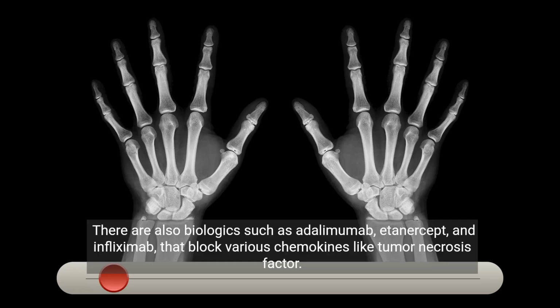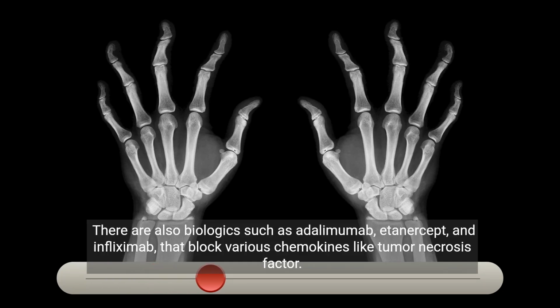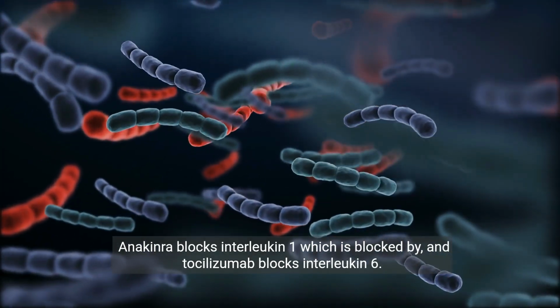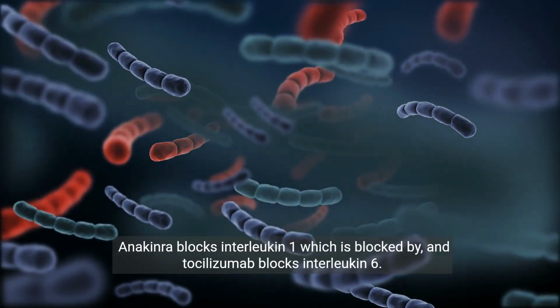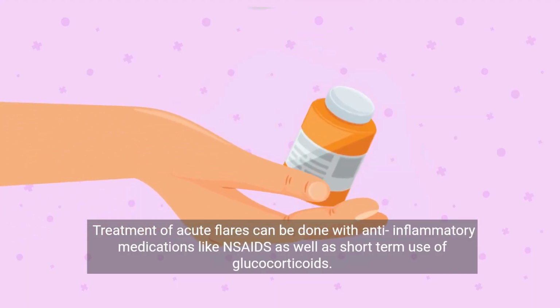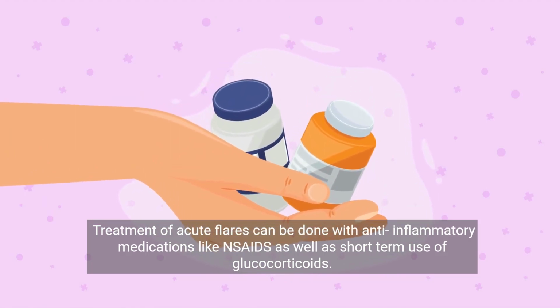There are also biologics, such as adalimumab, etanercept, and infliximab, that block cytokines like tumor necrosis factor. Anakinra blocks interleukin-1, and tocilizumab blocks interleukin-6. Treatment of acute flares can be done with anti-inflammatory medications like NSAIDs, as well as short-term use of glucocorticoids.